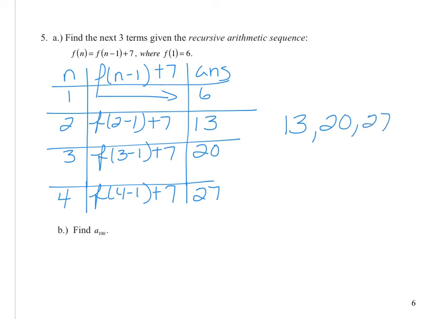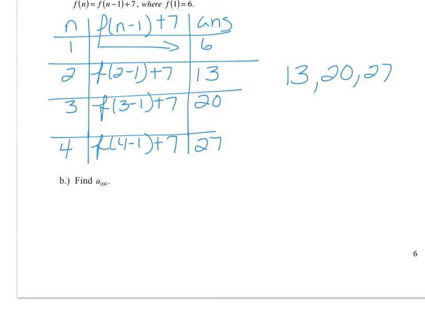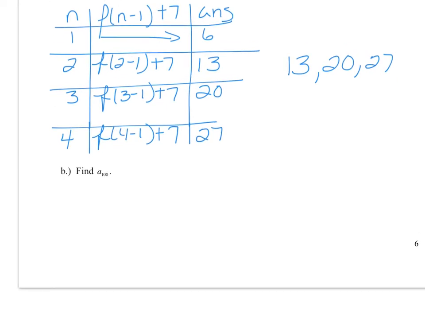They want us now to find a sub 100. Okay, so now they're actually writing it as a sub 100 instead of an f, and that's okay. We can switch forward and backwards. It's not a problem. So in order to do this, because it was recursive, in order to get the 100th term, we need the 99th term.